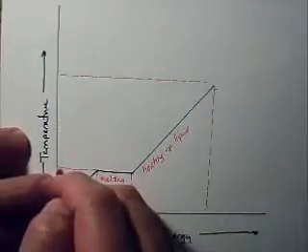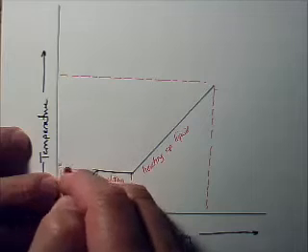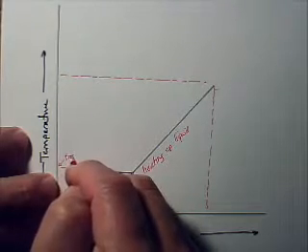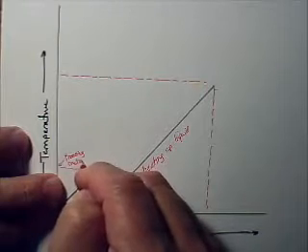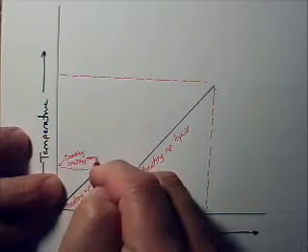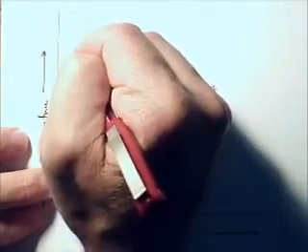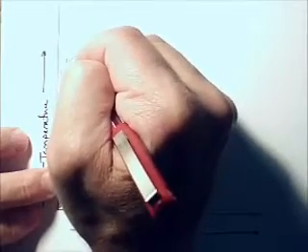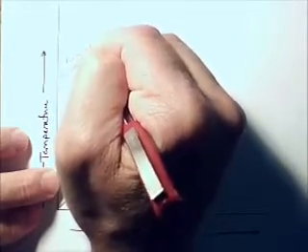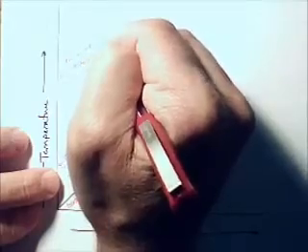Alright, so here's our freezing temperature here, and the melting temperature. And this is our boiling and condensing temperature. Alright?